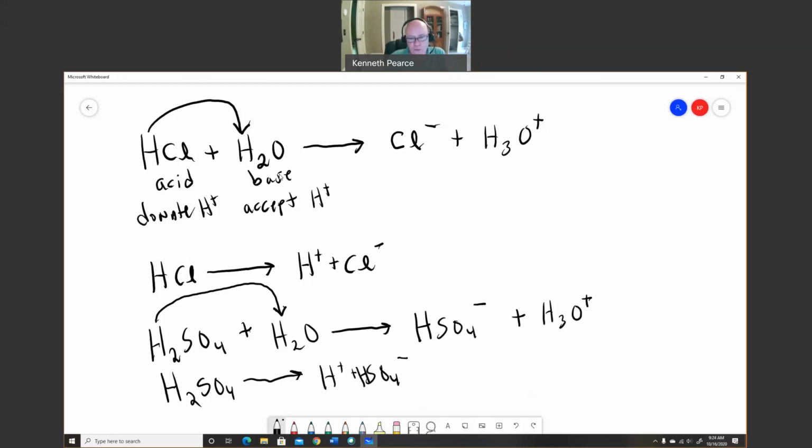And then that can also dissociate that extra proton that's right there into another H plus, so that you end up with two H pluses plus the sulfate ion. Okay, both of these are legitimate ways of writing the dissociation of sulfuric acid and also above, the dissociation of hydrochloric acid. Okay, so that's what happens to the acids when they are dissolved in water.